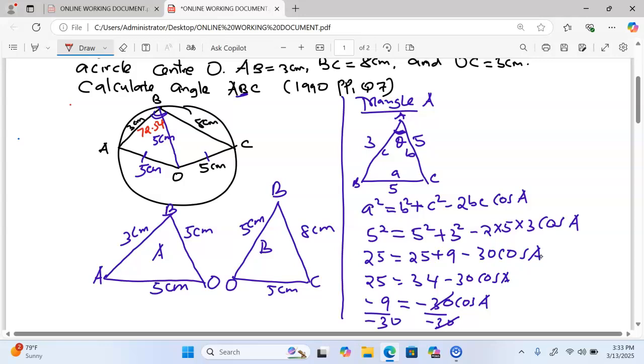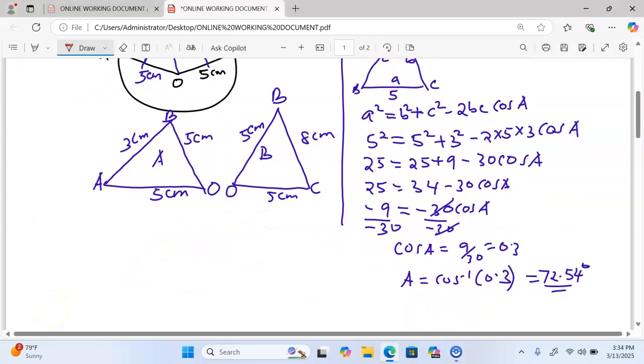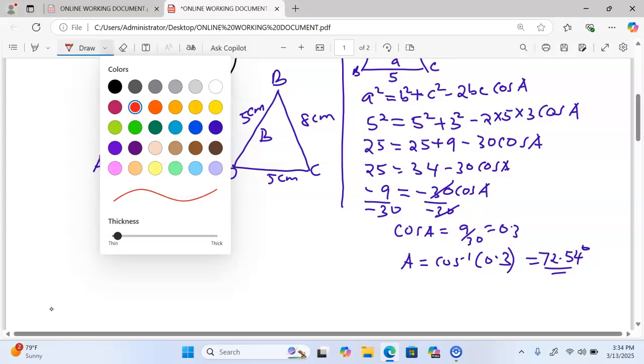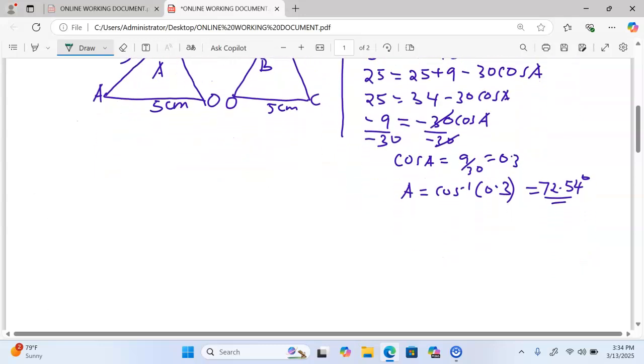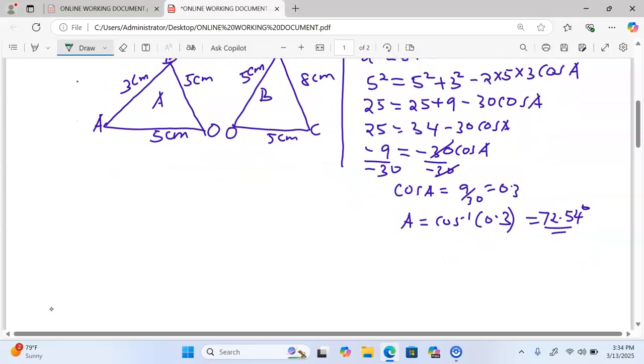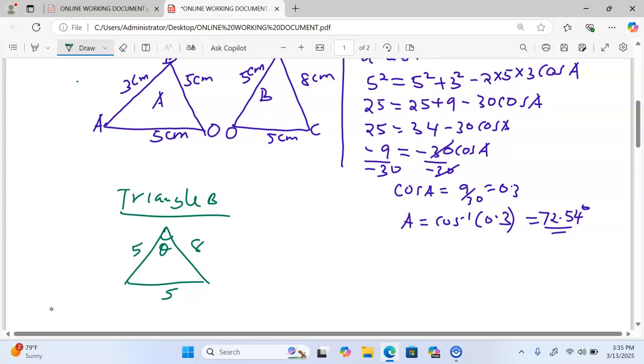And now we can proceed with this other triangle. The other triangle we have is triangle B, whose dimensions are 5, we have 8, we also have 5. We also need this angle theta here.